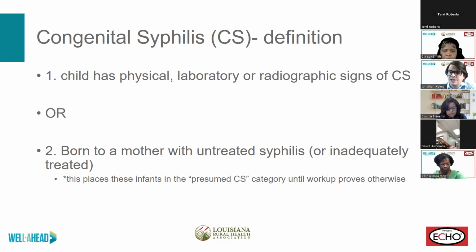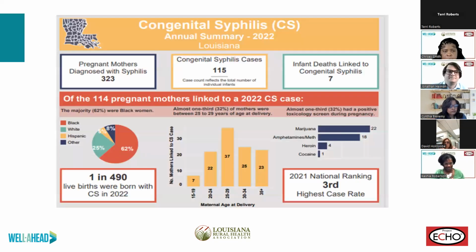And again, it really puts the impetus on these mothers that have come in with limited or no prenatal care, really ruling out any possibility of this diagnosis before the child goes home from the birthing hospital. And I'll point out that the most commonly missed care opportunity among these mothers linked to congenital syphilis cases was lack of syphilis testing in the third trimester. Next slide, please.